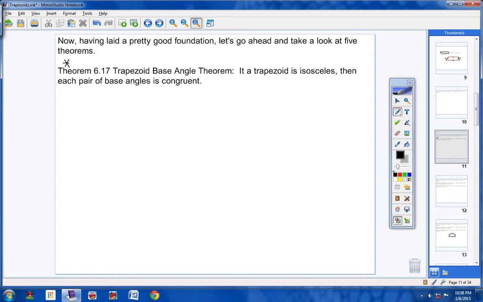Okay, now please take some really good notes on this. Here's what it's saying. If we have an isosceles trapezoid like this, copy this in your notes.